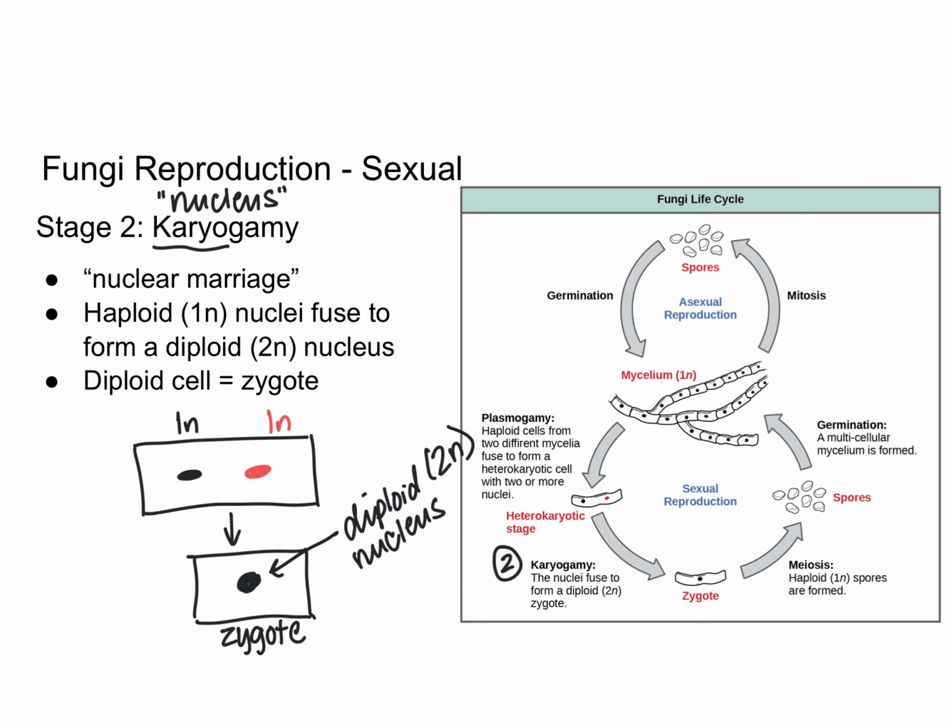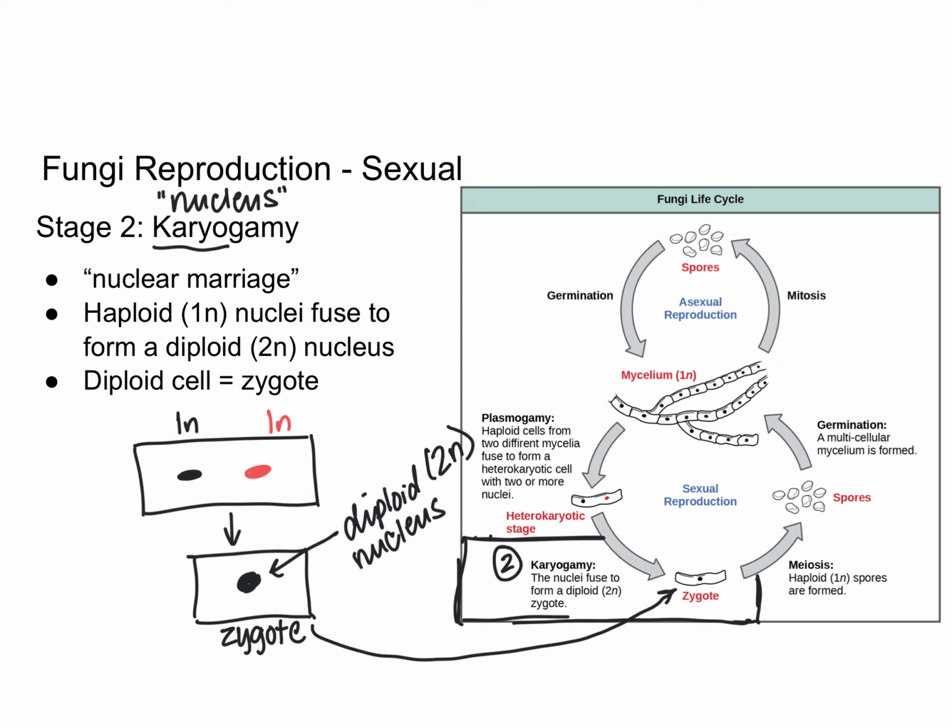And you can see this on the image over here. This is our karyogamy. You can see that the picture I drew is matching the zygote in the picture. Now, one key thing about what has happened here is the fungus has now brought together two different sets of chromosomes.